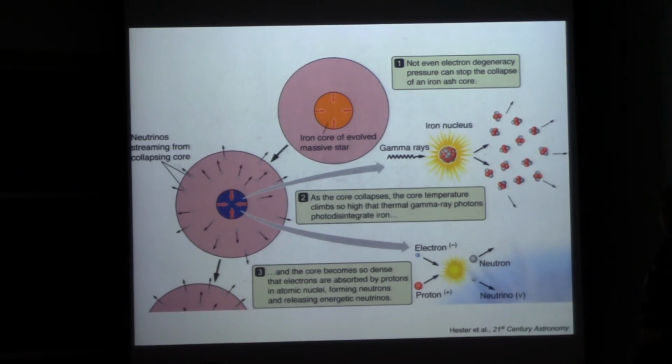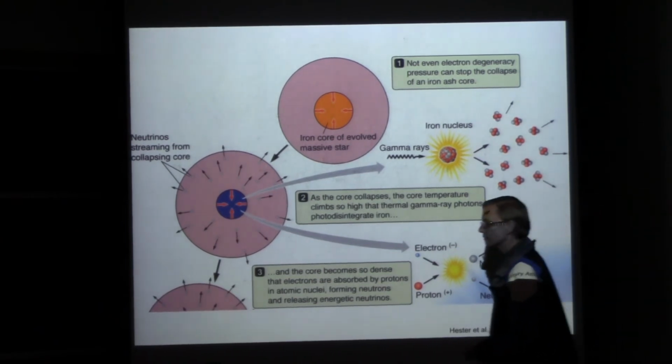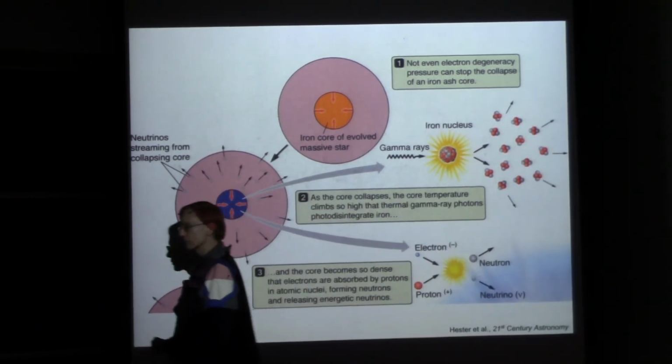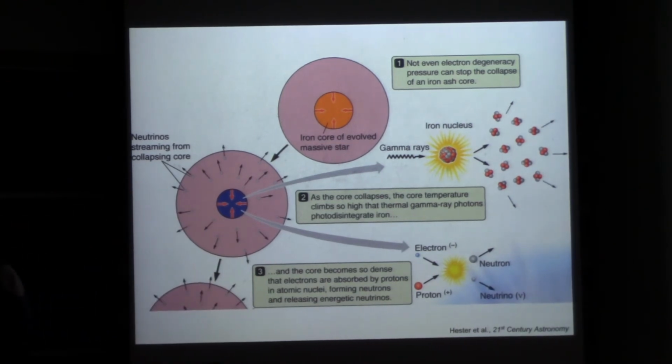else in the explosion. And in fact, in 1987, we saw a burst of neutrinos from the supernova that blew up that year in the Large Magellanic Cloud before we saw anything else. And then neutrino detectors detected an extra flux of neutrinos.